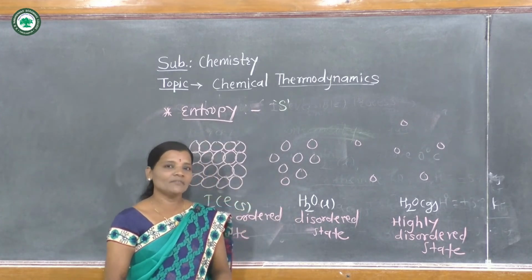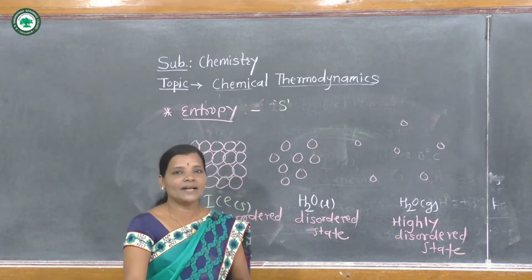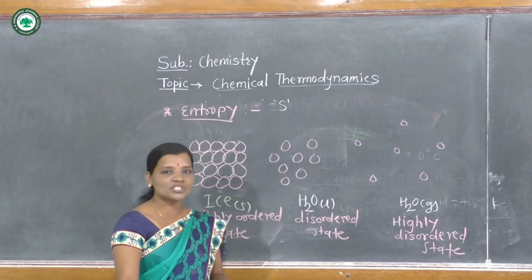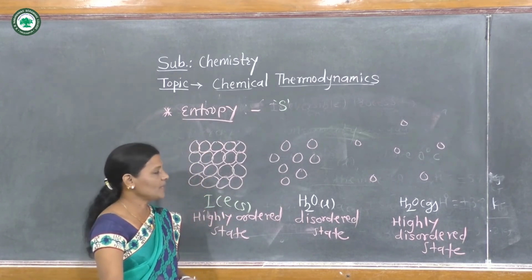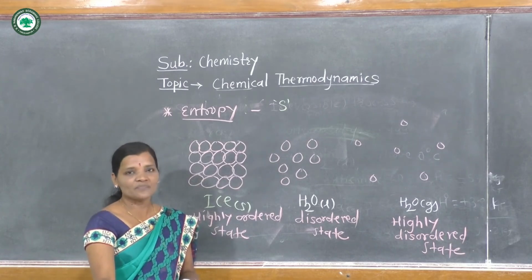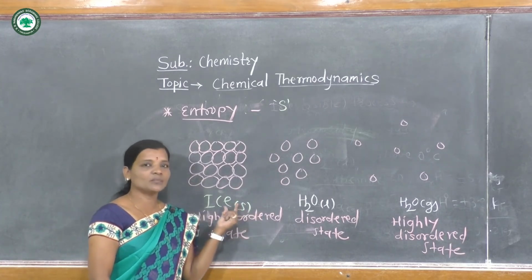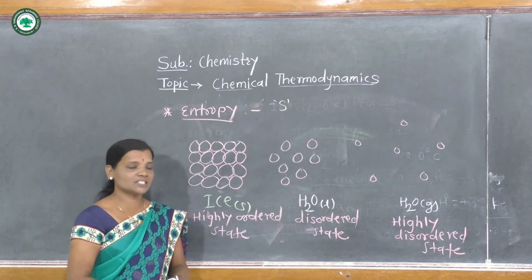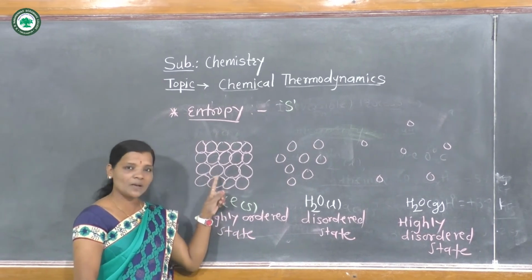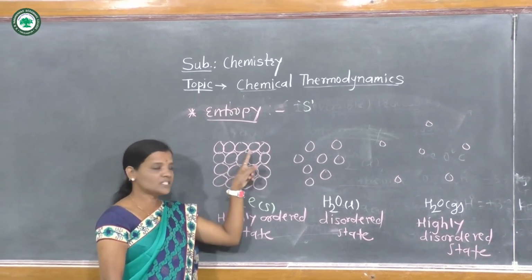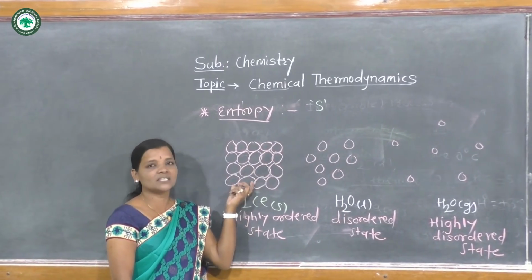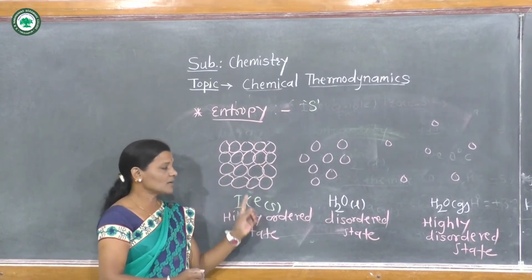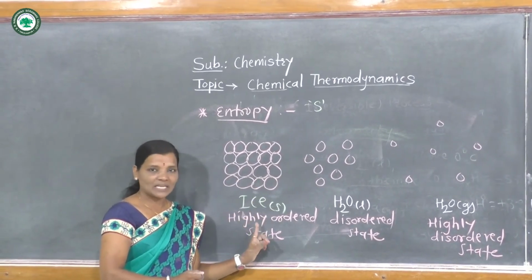Now we can find out the entropy change for a particular reaction, whether it is positive or negative, depending upon the state of matter of the substances which change from one state to another. See, in ice in the solid state, a compact, more ordered structure is there, so entropy is found to be less.